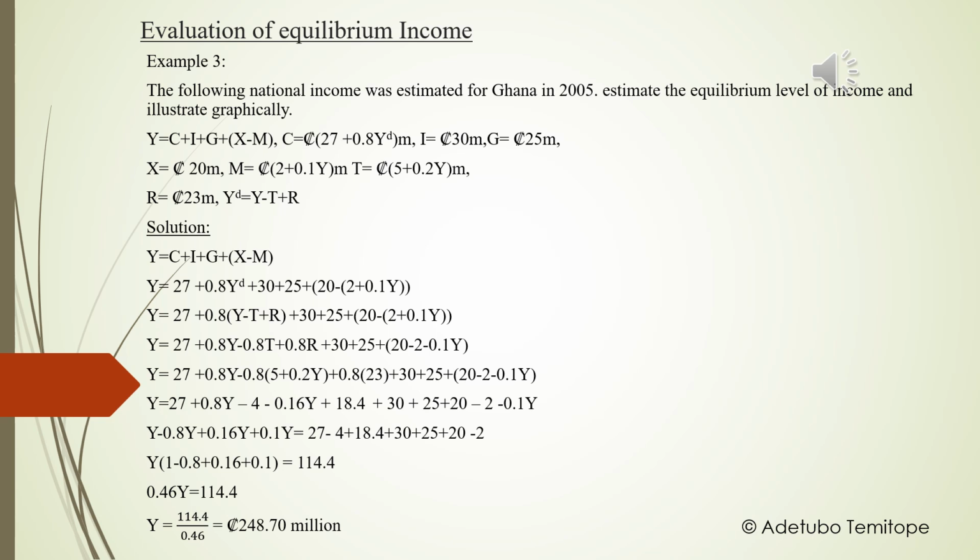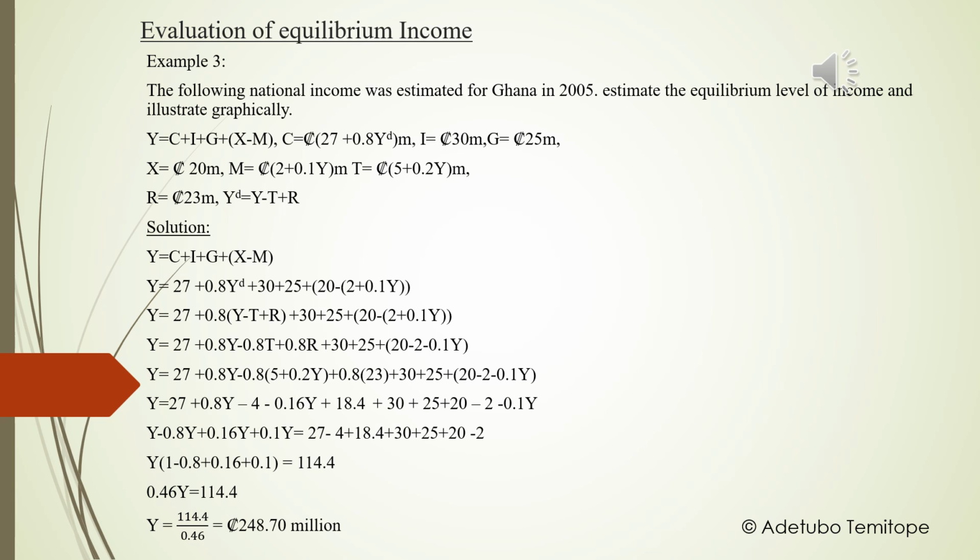So our solution, first thing is to insert the parameters into the model. So our model is Y equals C plus I plus G plus X minus M. So when we insert the parameters, we have our Y equals 27 plus 0.8YD, that's for consumption, 30 plus 25 plus open bracket 20 minus open bracket 2 plus 0.1Y close bracket.